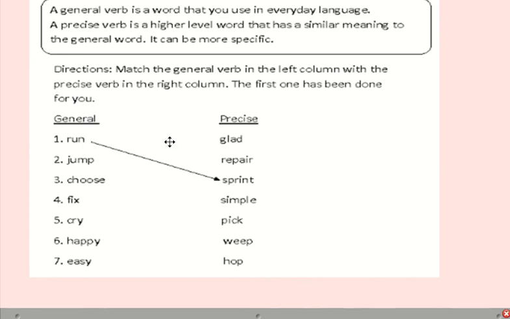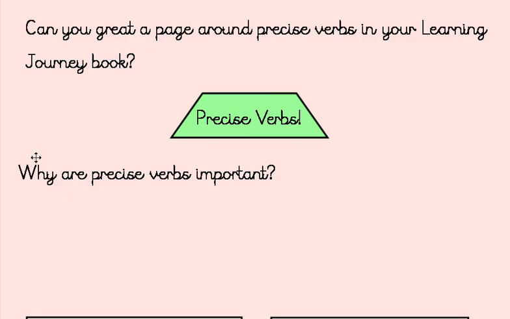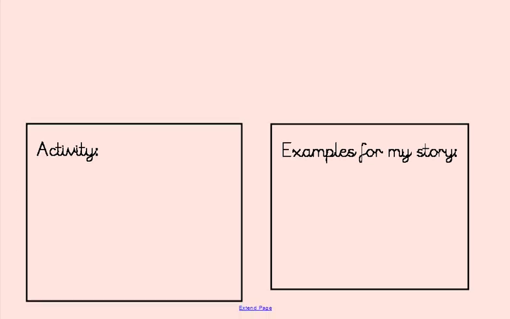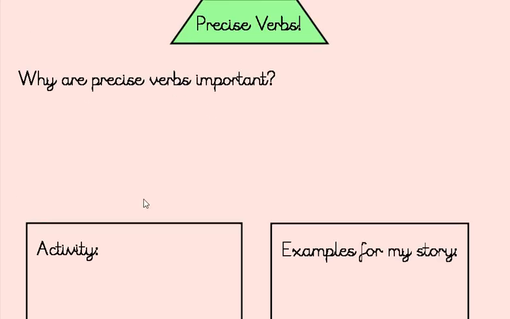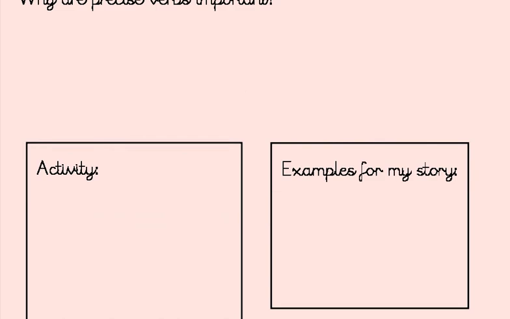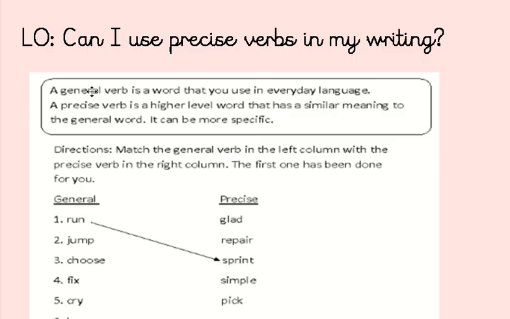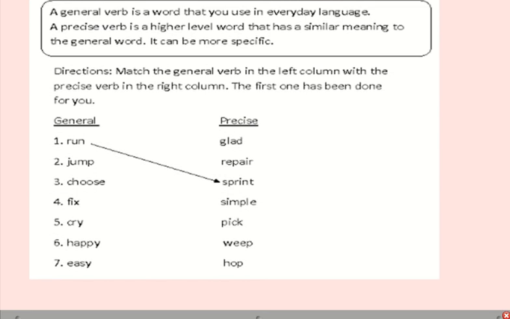So you need to match your general verbs to your precise verbs, on the left hand side of your learning journey page, underneath your paragraph on why precise verbs are important. So pause the video now and have a go at matching these general verbs to the precise verbs.